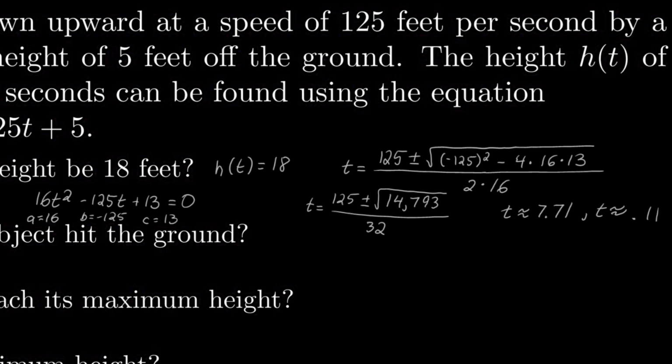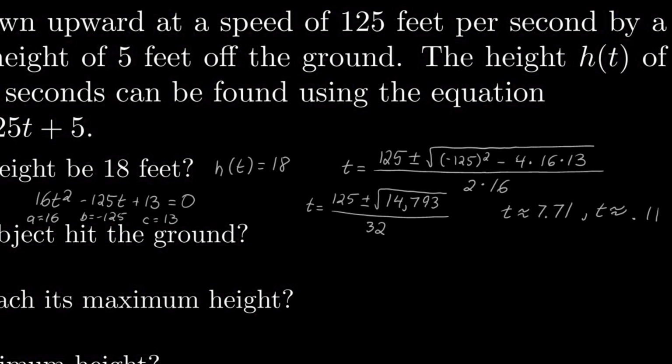Now, both of those answers are positive, but it isn't really surprising. If that object is thrown upward by a machine from a height of 5 feet off the ground, then it's easy to imagine that very shortly after that, it will reach the height of 18 feet.